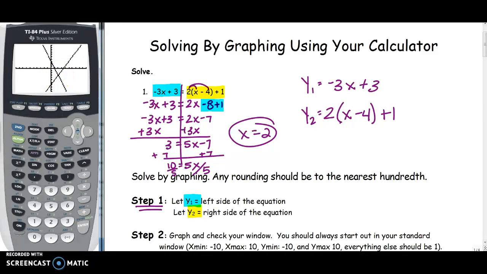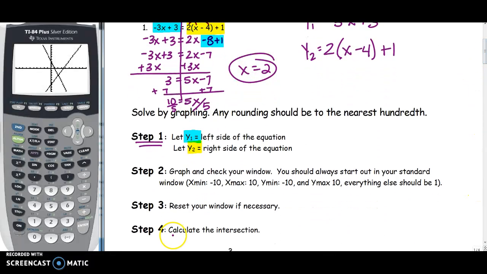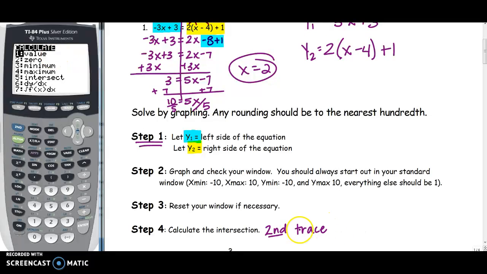So to find that piece of information, okay, we have to calculate the intersection. We hit second, the button second right here, trace. Trace is up here at the top. Okay, and it brings you to a calculate screen. So second, trace, the number 5, which is intersect.